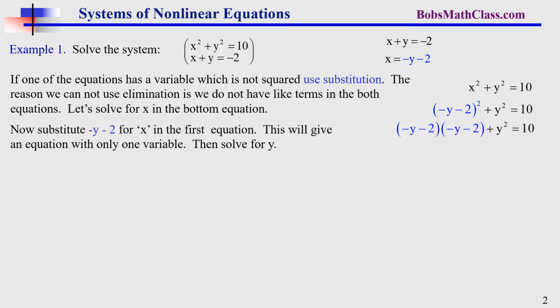Okay. So negative y minus 2 times another negative y minus 2, FOIL. Add like terms. Subtract the 10 on both sides. Now we need to factor. GCF is 2, so factor out a 2.